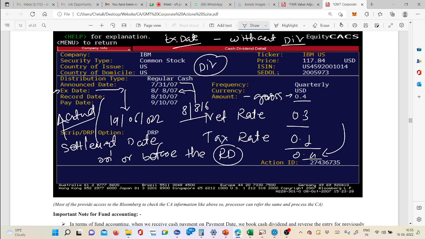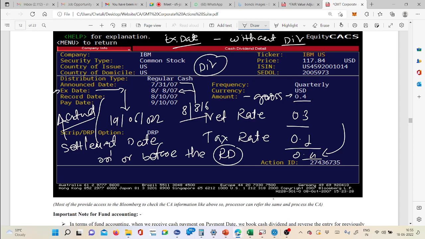So if you place the trade during that period, you are eligible for the coming dividend. You may expect questions on this part as well. What is come due? Come due, or come dividend.